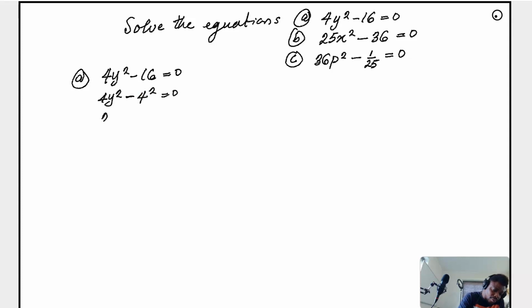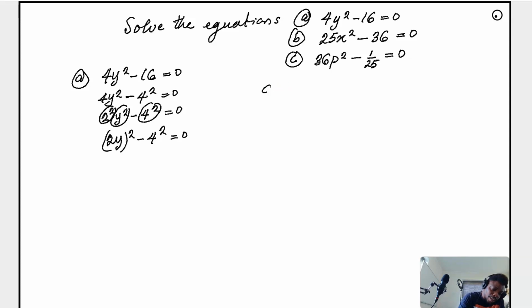This can still be 2 raised to the power 2, that is 4. Then y squared minus 4 squared is equal to 0. So that is already difference of two squares, right? So I can write this together. So that is 2y all squared minus 4 squared, which is equal to 0.